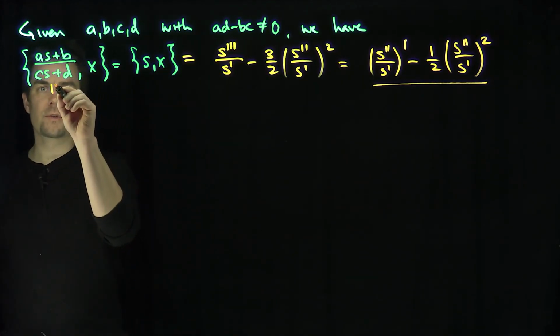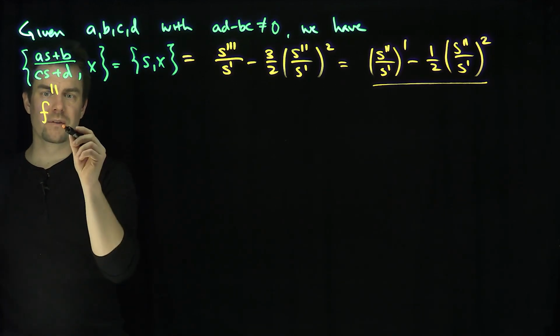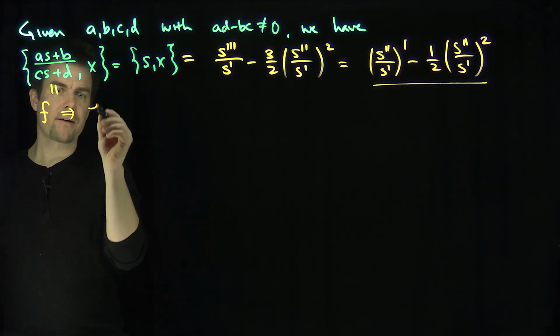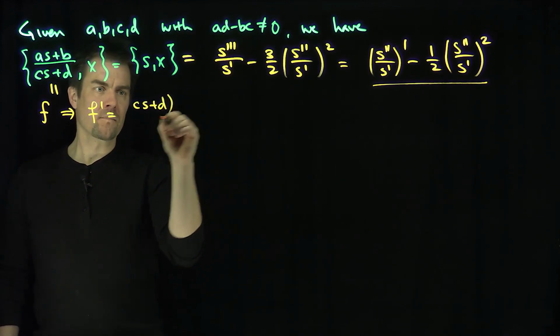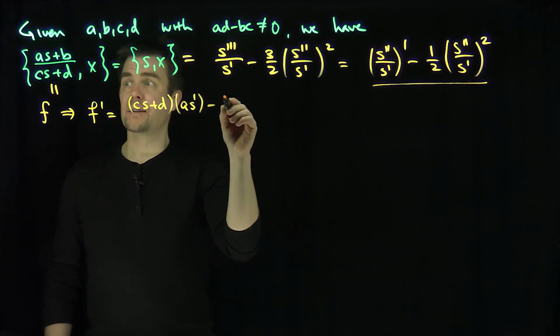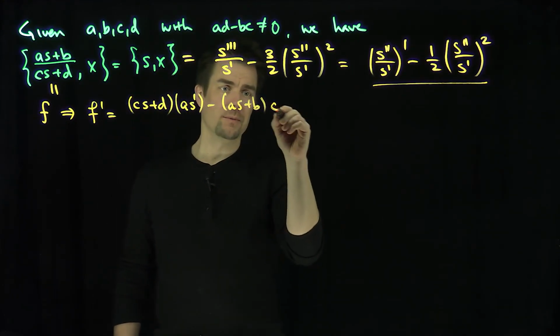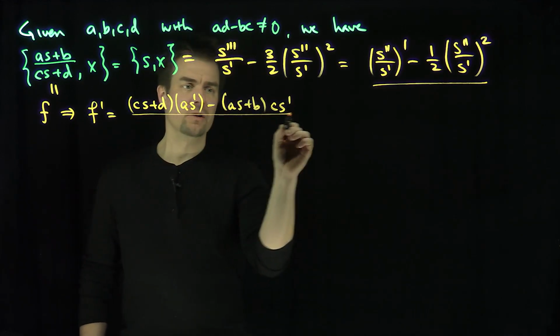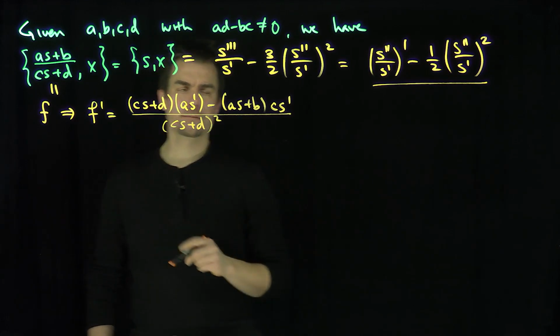Let's call this function over here just plain old f. And so let's do the derivative of f. If that's f, I know that f prime is going to be the bottom times the derivative of the top, as prime, minus the top, as plus b, times the derivative of the bottom, which is c s prime, all divided by cs plus d quantity squared.